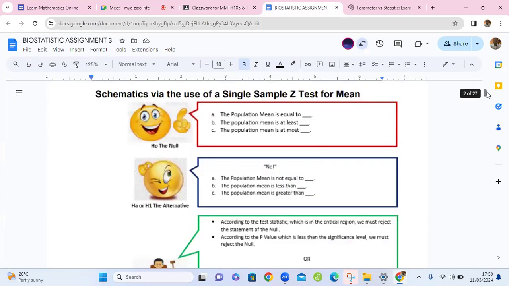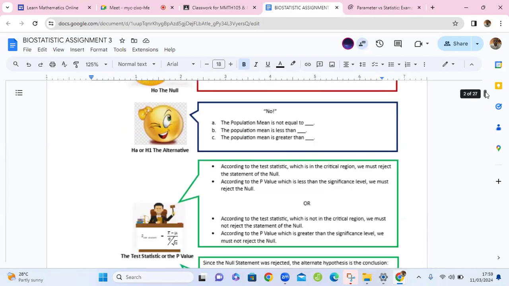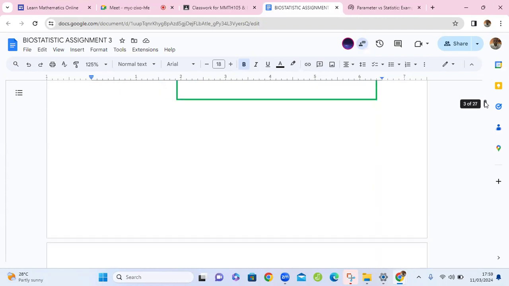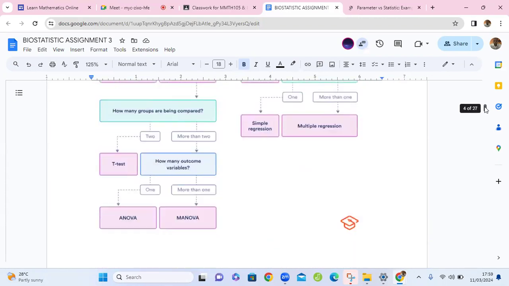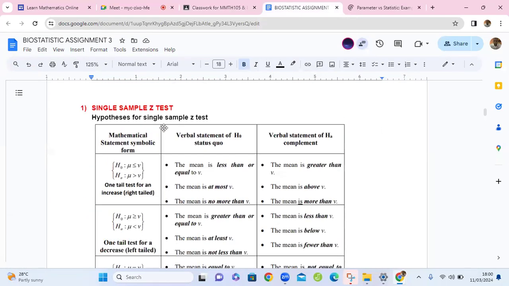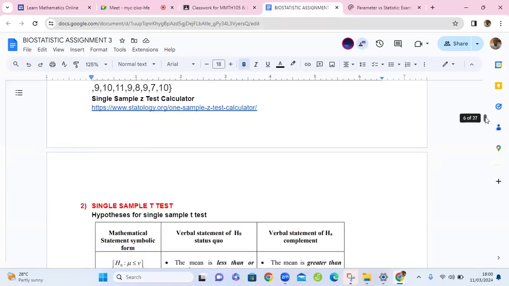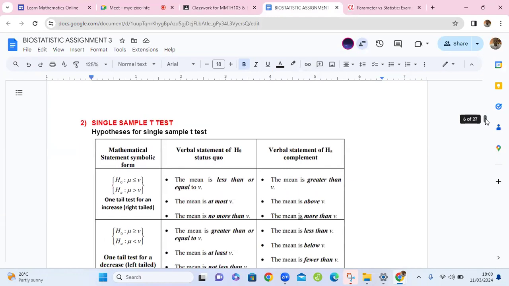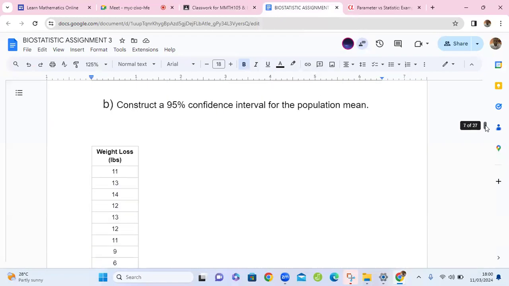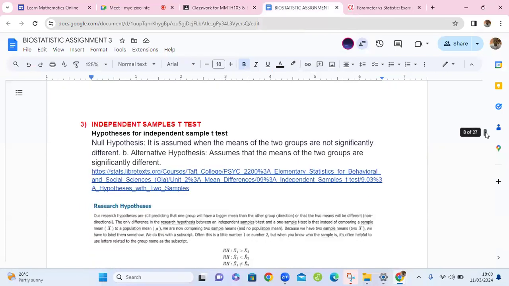Now, in this course, we're focusing a little on the single sample z-test for the mean and the chi-square test for independence. Here, there's a repetition of the single sample z-test for the population mean, which is a parametric test. The single sample t-test is another parametric test, because the mean is involved.